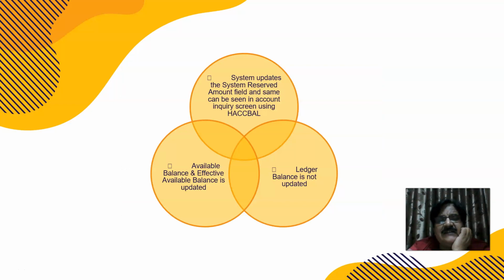System updates the system reserved amount field, and the same can be seen in account inquiry HACCBAL. Available balance and effective available balance are updated, right? Effective may include clearing. It is not cleared, but available means whatever customer can withdraw. Ledger balance is not updated here.